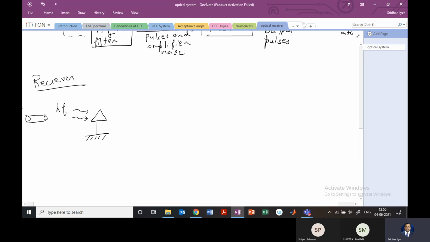So your signal is coming from the source to the OFC, and then the output impinges on your pin or the APD. Then what we have is what is known as a front end amplifier.